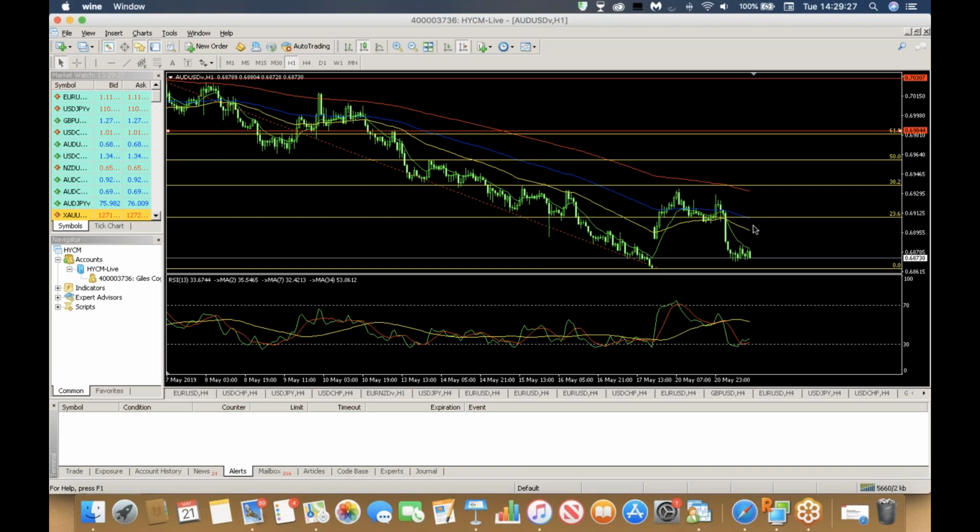That would be a good sell zone. That's the 23.6 level. So for an intraday trade, the 100 EMA on the 1 hour chart makes sense. We also have a pivot point just above 0.6900. So you've got a pivot point and an intraday support level. So anything around here would be a potentially good sell zone.